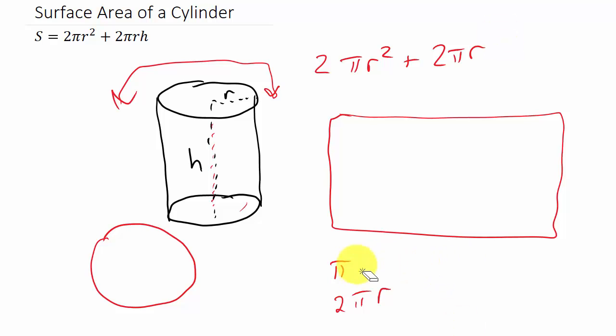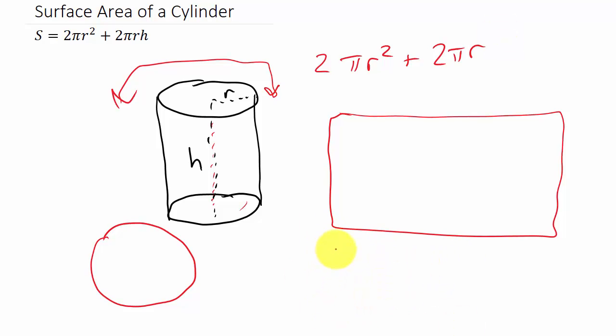So this dimension here is 2 pi r. That's the part that gets folded up. We fold it up and create the circle. This is the distance around it. And then, what's the area of a rectangle?